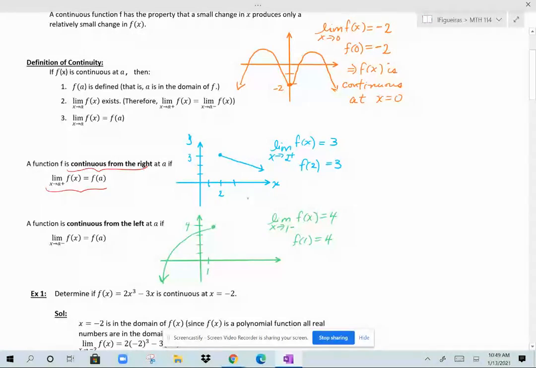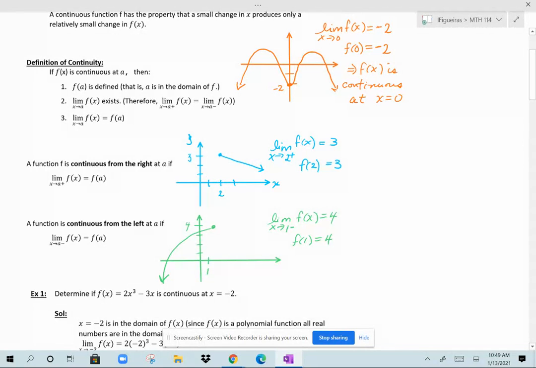For example, this graph looks like it's only defined from 2 to infinity, its right-hand limit is approaching 3, and f of 2 is also 3. So this would be considered continuous from the right at 2. It's not continuous from the left because there's nothing in this graph to the left of 2. Everything from this point forward, there's nothing defined.